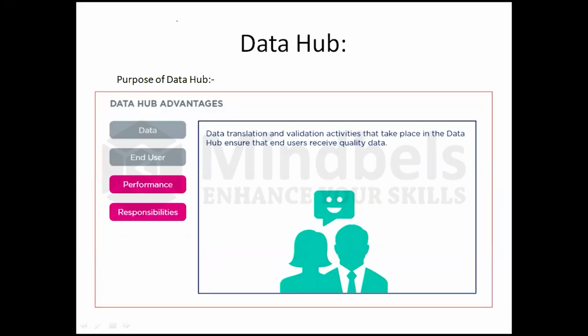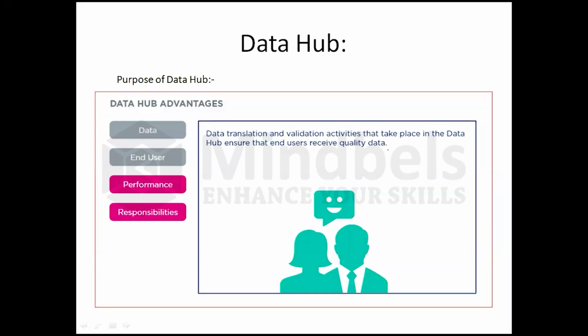Now, at data hub advantages again, the data translation and validation activities that take place in the data hub ensure that the end user receives quality data. In every planning cycle, planning process or model, the most required thing is to have good, quality data, right? Because if you have buggy or wrong data, then your results are not going to come correctly.